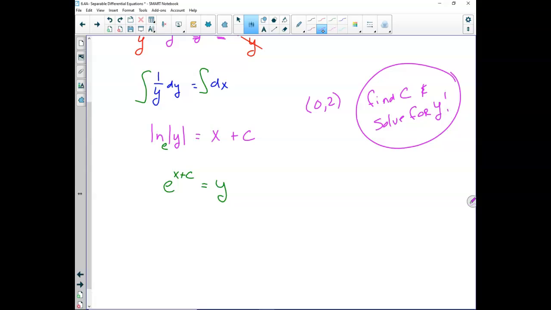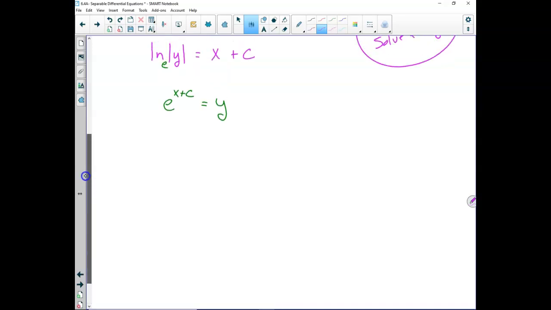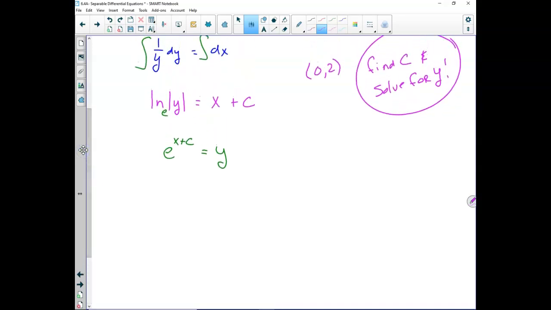Oh boy, but now I got c up in the exponent. Well, here is where a fun little math trick comes from. It's nothing math trick about it, I shouldn't say. But check this out. When do you add exponents? You add exponents when you have common bases multiplied together. e to the x times e to the c is e to the x plus c.